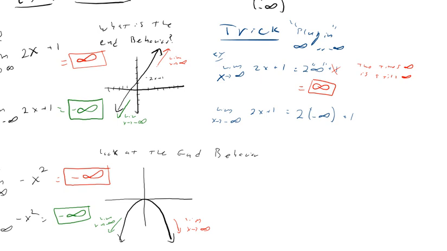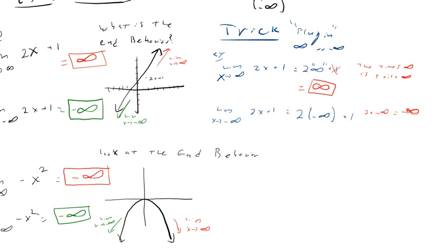So now I have a really big negative number, the biggest negative number, negative infinity. If I multiply negative infinity by 2, 2 times negative infinity is still negative infinity. It's still a negative number. Doesn't matter, I multiply by 2.